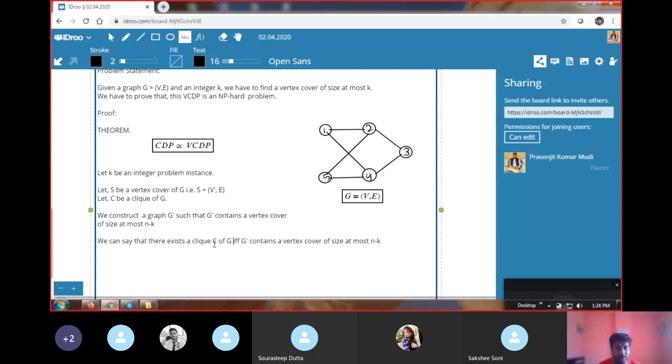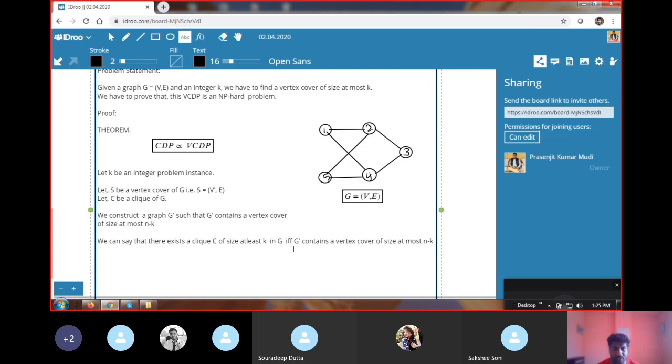There exists a clique C in G of size at least k. So I hope you are understanding.